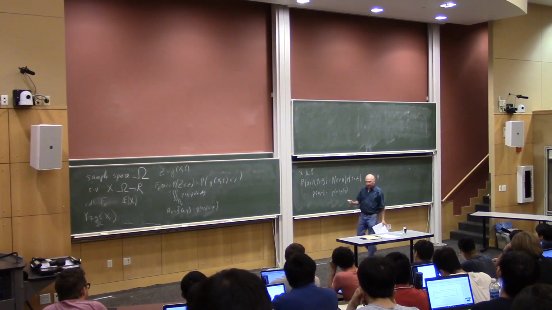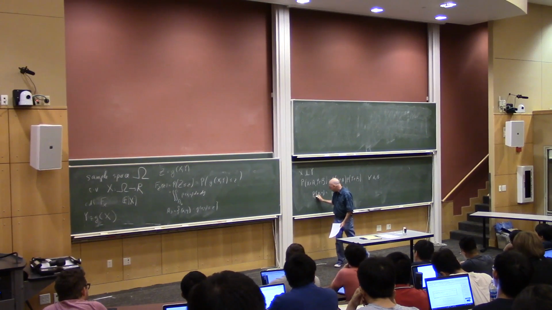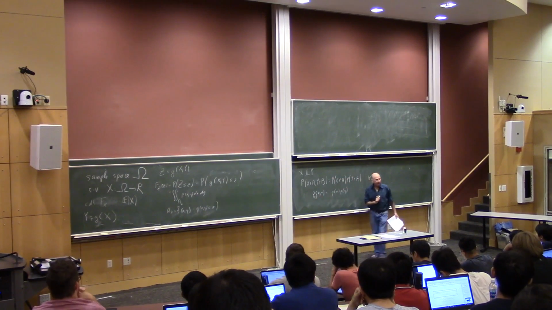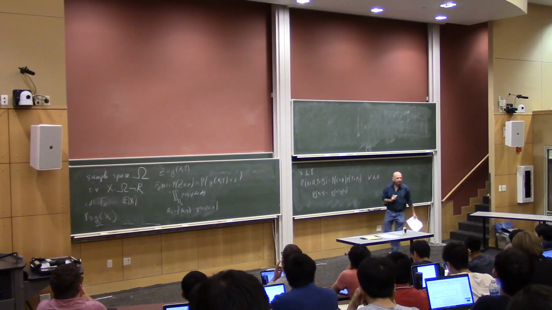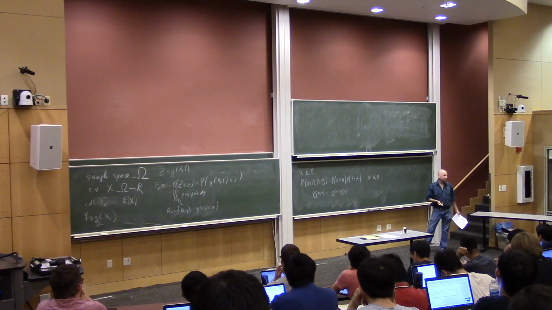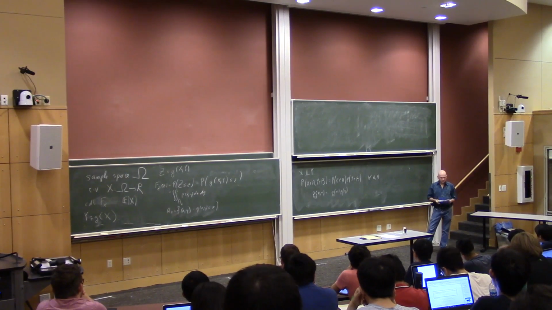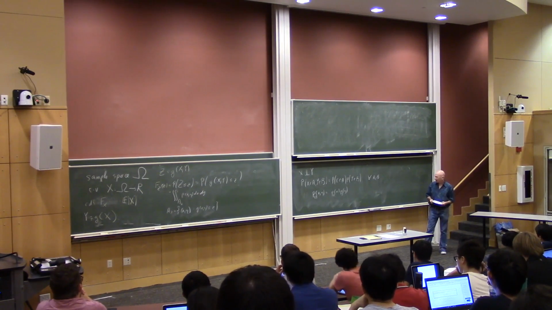And let's keep track here though, that this is the density function for the pair X, Y. This is the density function for X, and this is the density function for Y. And this has to be true for all x and y. So that's usually much easier to check.